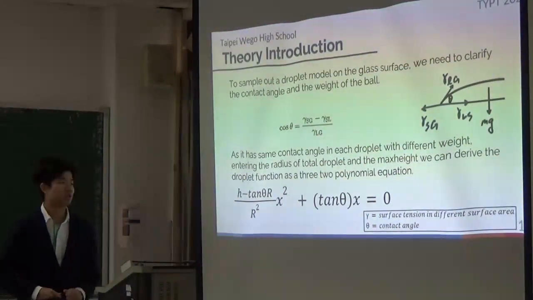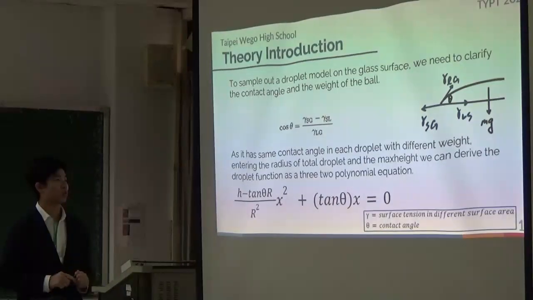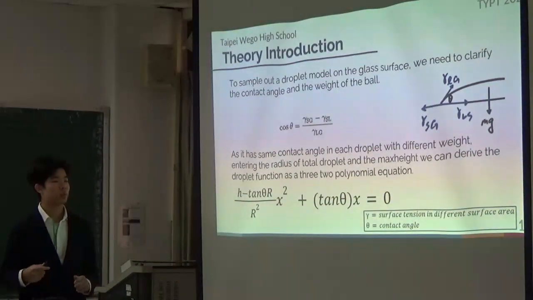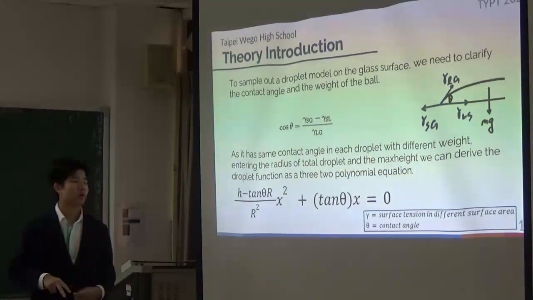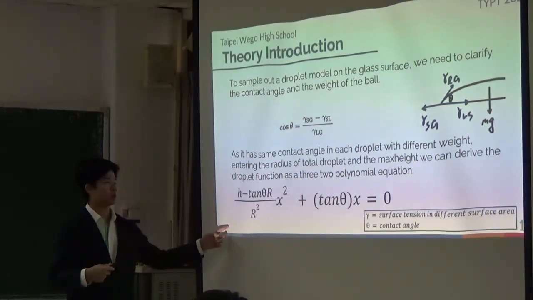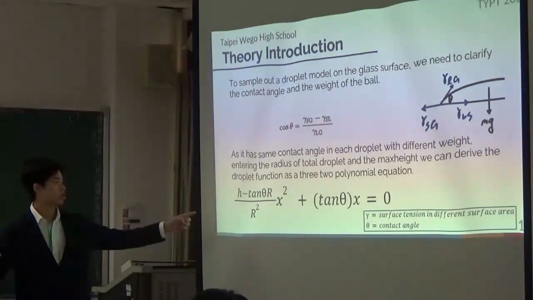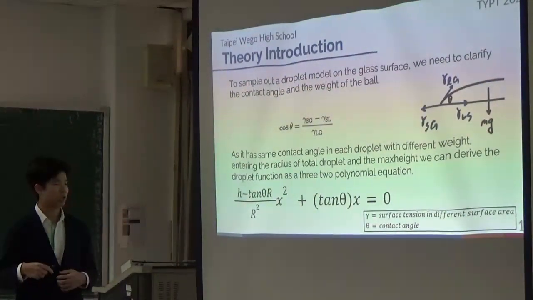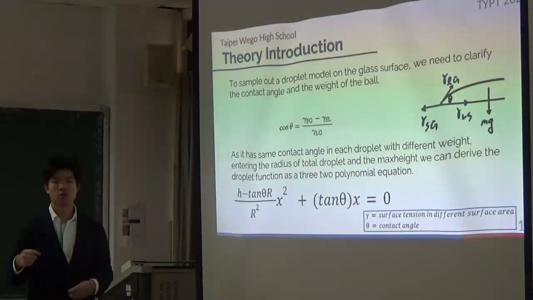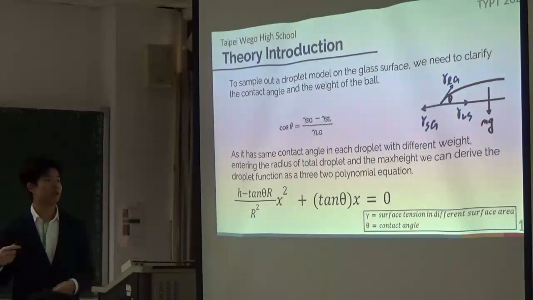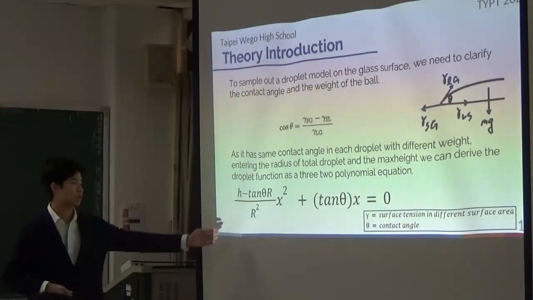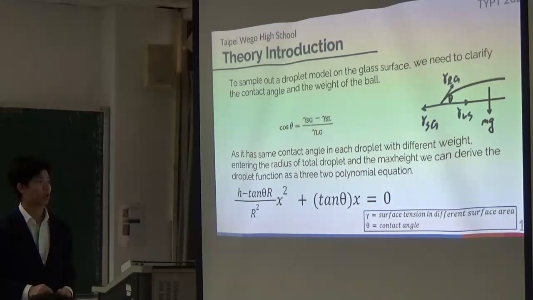This is the assumption equation for the droplet shape, and because there will be only two indicators, we just use an equation with two indicators. So this is our assumption of the droplet shape.